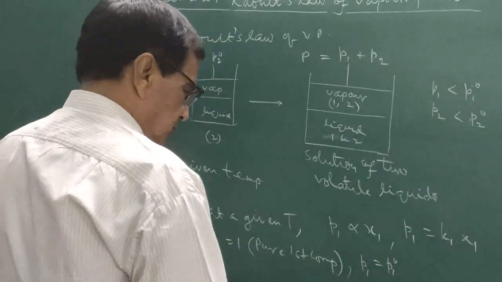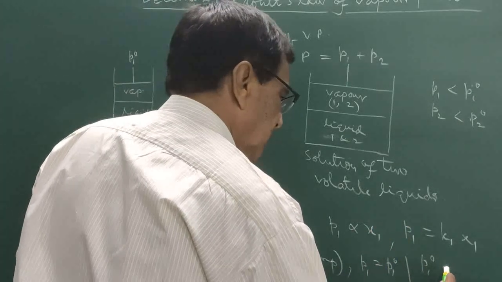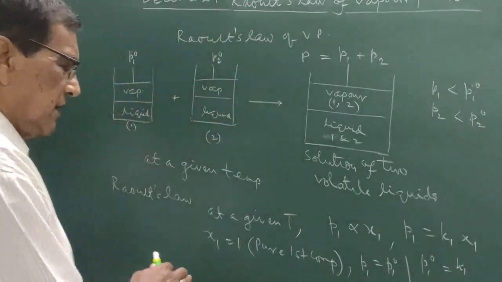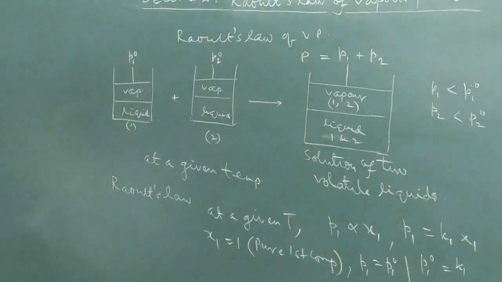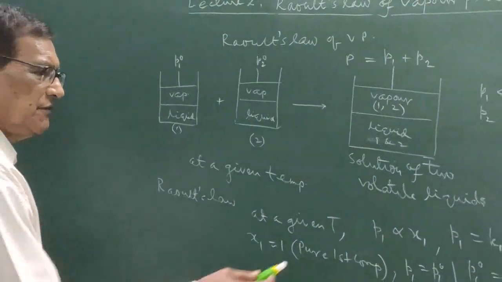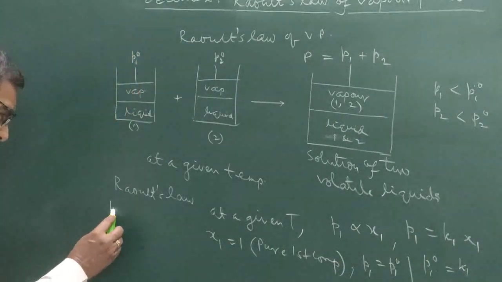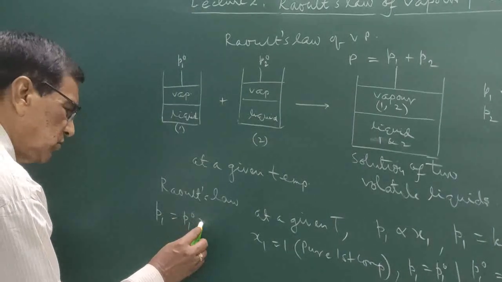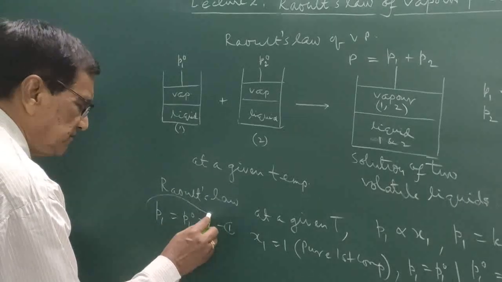Putting it here, P1 naught equals K1. So Raoult's law for the first component now becomes, putting the value of K1 equal to P1 naught, P1 equals P1 naught into X1. This is equation number 1.